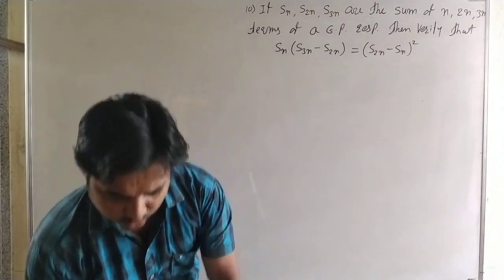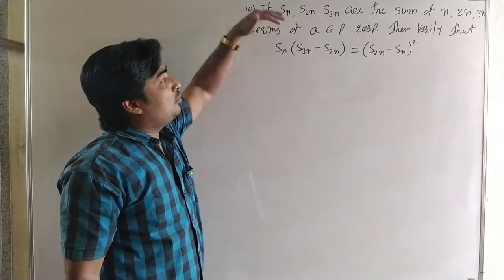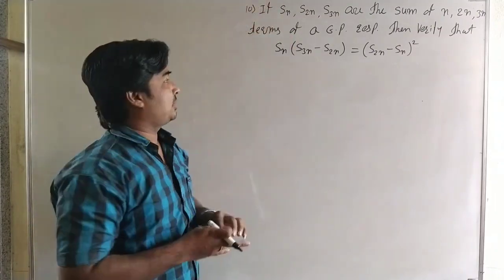Here Sn, S2n and S3n are the sums of the terms in a geometric progression.